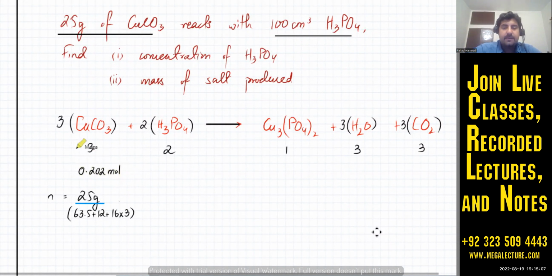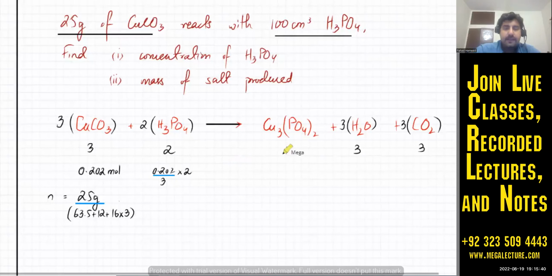Once you have moles, all you have to do is find the moles of the other substances, right? The moles of this will be 0.202 divided by 3, times 2.